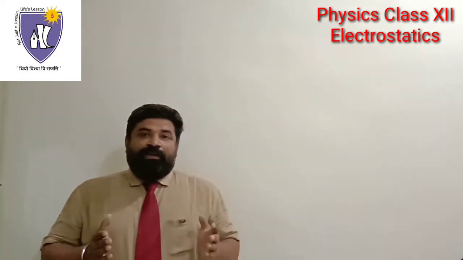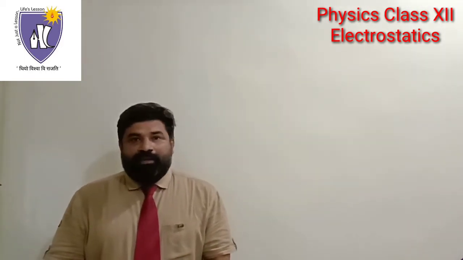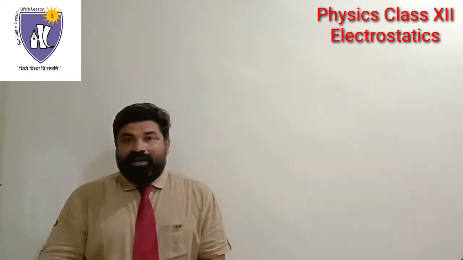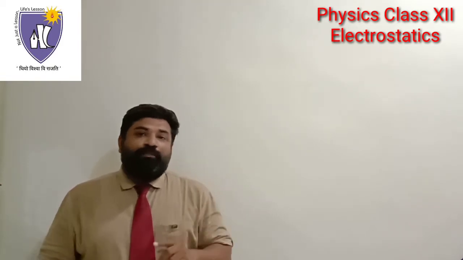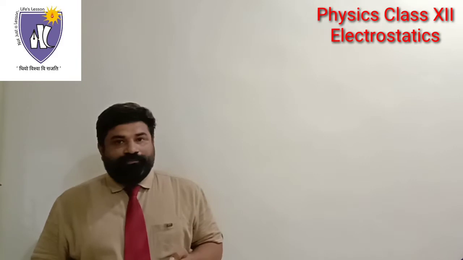One of the scientists, Charles Augustin Coulomb, calculated the magnitude of this force. This is one of the natural forces which we studied in class 11th also. There are 4 natural forces that we studied there. So this is one of the very important forces, electrostatic force of attraction or repulsion.